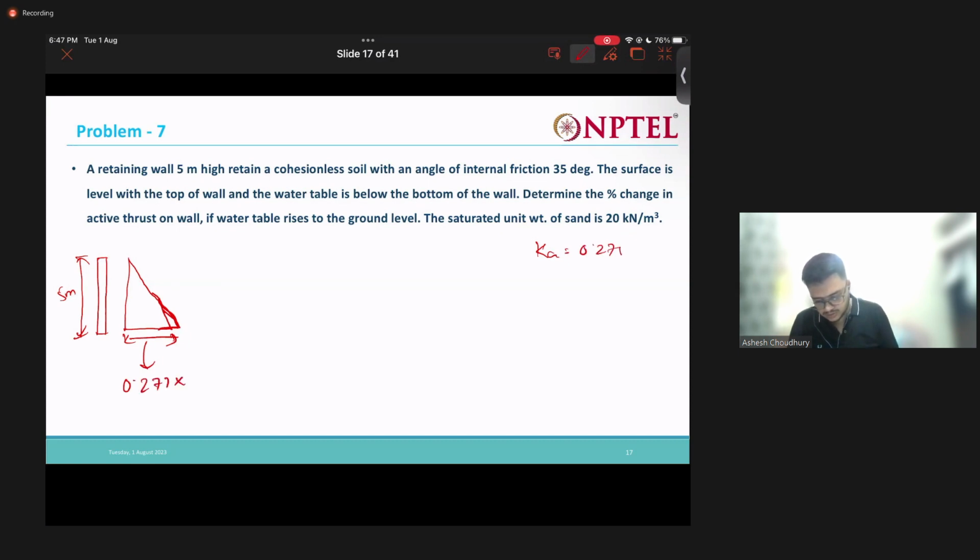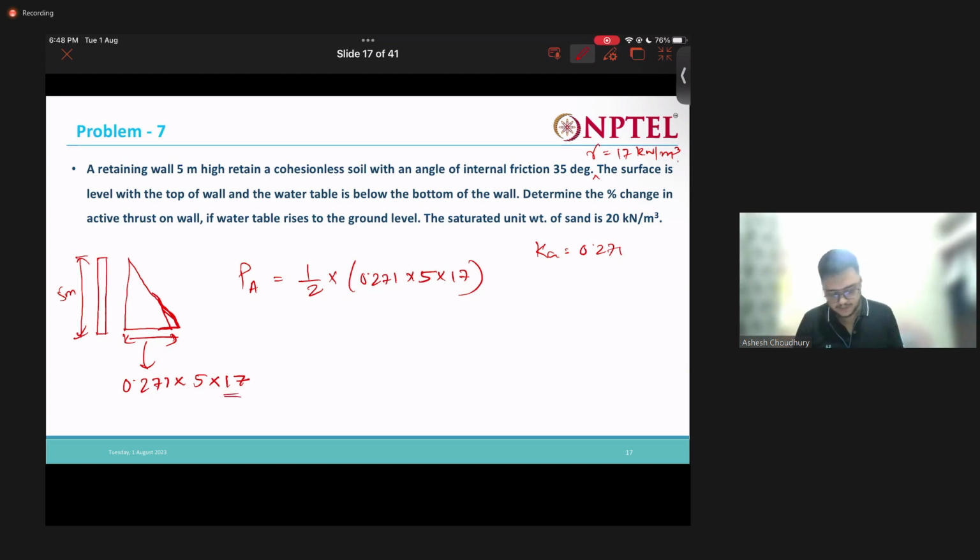What will PA be? Half into 0.271 into 5 into 17. One thing, this gamma is not given. Gamma will be initially 17 kilonewton per meter cube. Okay, this 17, it's given.